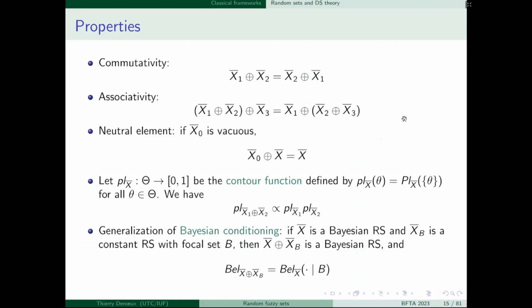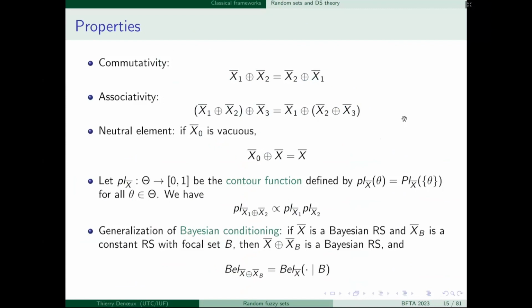It is just the mapping that gives us the plausibility of any single element of theta. And we have this remarkable property, which we have used many times already, that the contour function of the orthogonal sum is proportional to the product of the contour functions.